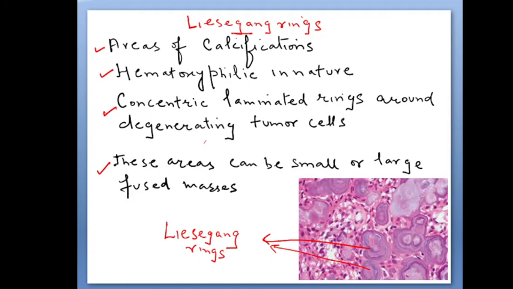They form concentric rings around degenerating tumor cells, so called Liesegang rings. They can fuse and usually form large masses. They are positive for hematoxylin stain.